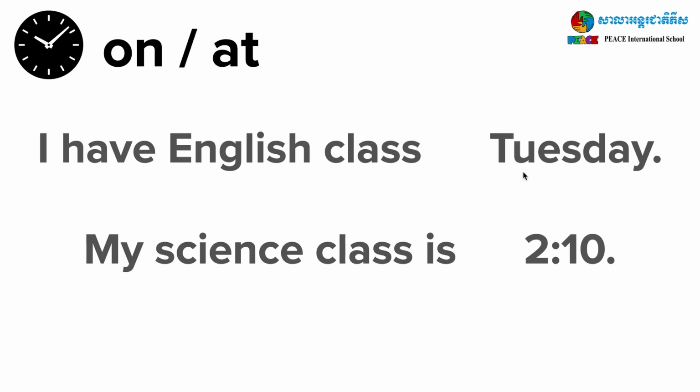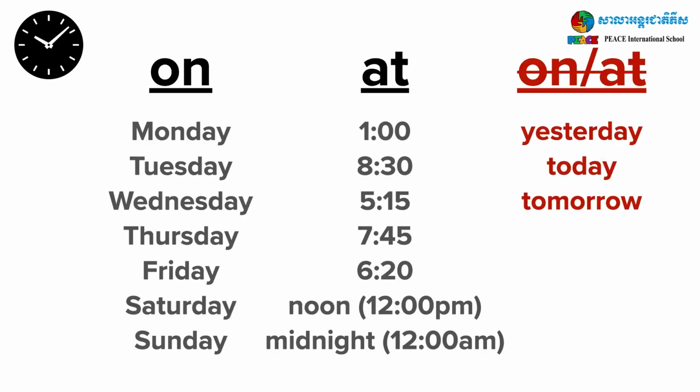And the second one, my science class is at 2:10. Don't forget that some words do not use on and at when talking about time. These words are yesterday, today, and tomorrow. These words do not use on or at. Don't forget.